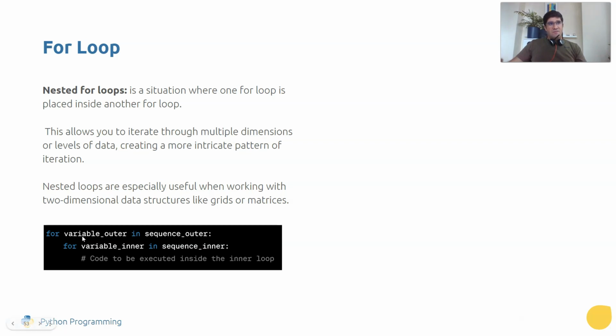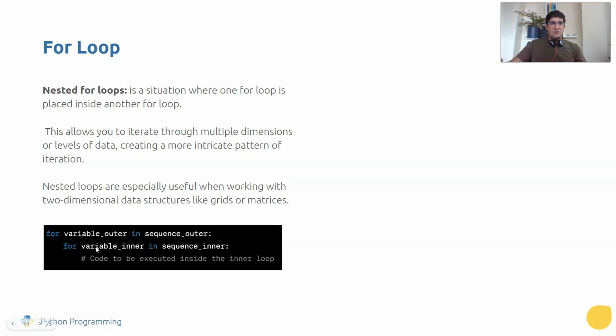Each time the Python interpreter tries to run this code, the code that we have inside the loops, in this case this gray code, it will assign the first element from the outer sequence to the outer variable.